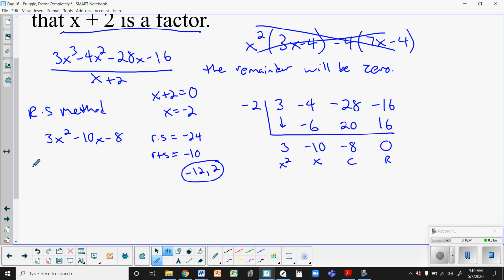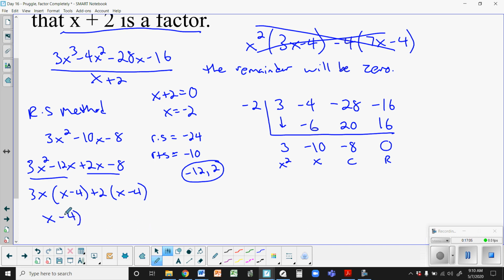All right, so we're back. So we have 3x squared minus 12x plus 2x minus 8. And then we can factor our left and right side. And then what do we do next? X minus 4 comes out. 3x plus 2. So we factored this part.